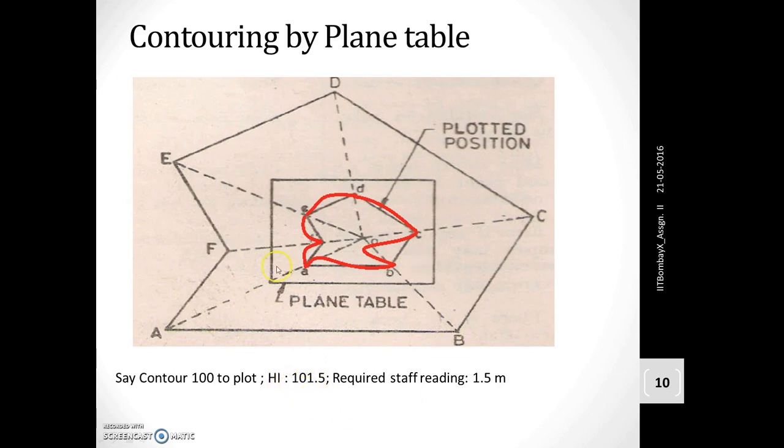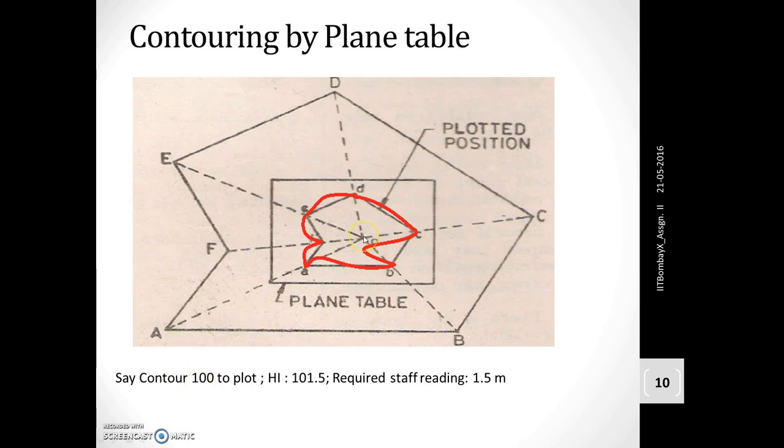To have a point A with a reduced level of 100 meters, we need a staff reading of 1.5 meter. So we instruct the staff man to stand somewhere near A, and to move in such a manner that the staff reading achieved is exactly 1.5 meter. As we have such a point A defined, it has a reduced level of 100 meters.